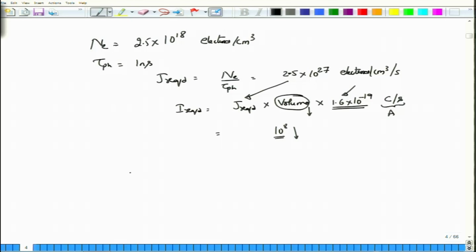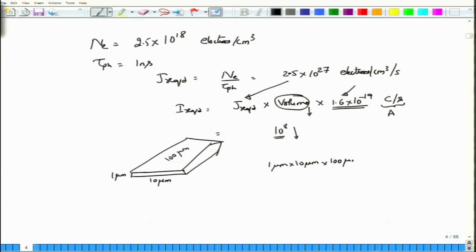Typical laser thickness is about 1 micrometer, it is about 10 micrometer wide, and then you have a length of about 100 micrometer. So the volume over which you are looking at a laser will be about 1 micrometer times 10 micrometer times about 100 micrometer, which turns out to be 10 to the power minus 9 centimeter cube.